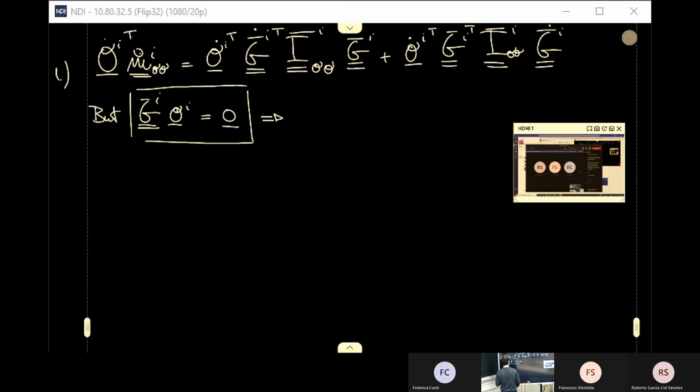I will not demonstrate it, but if you check the definition of G and then of theta, you can demonstrate it. Then, of course, G dot theta dot, which is the derivative of this, has to be 0 as well.